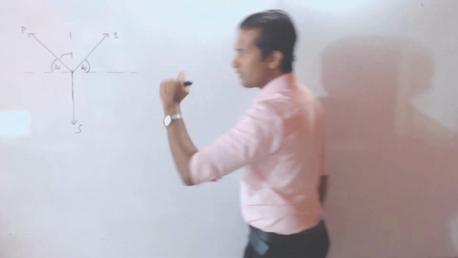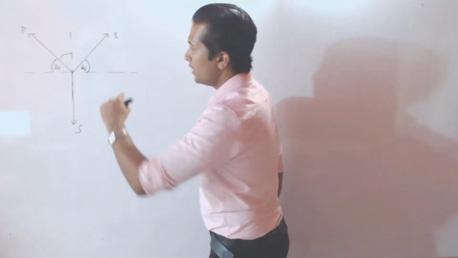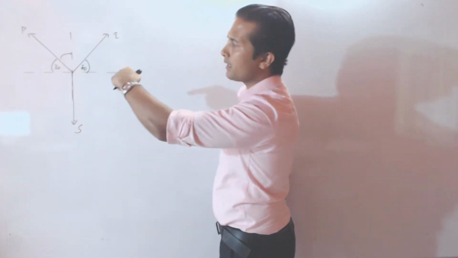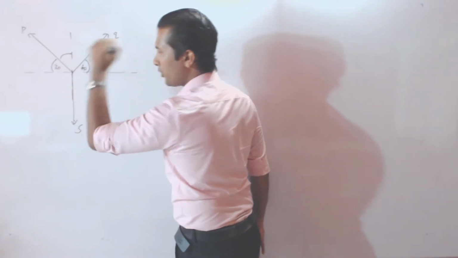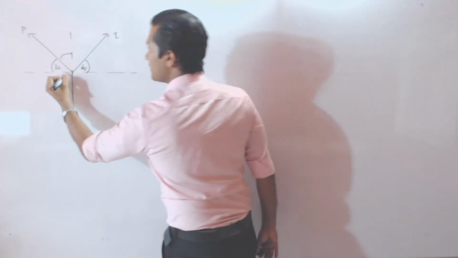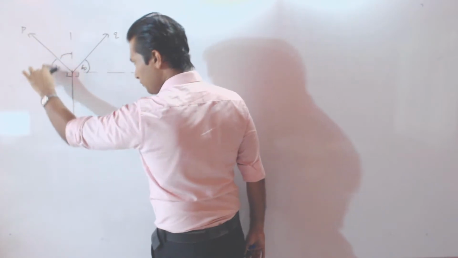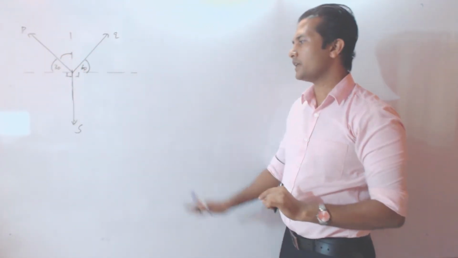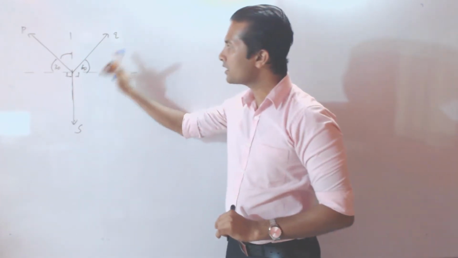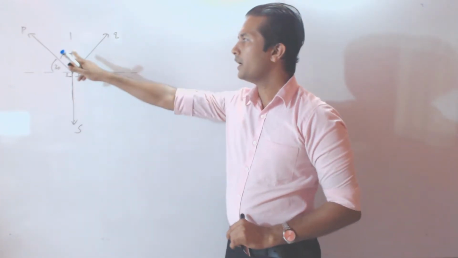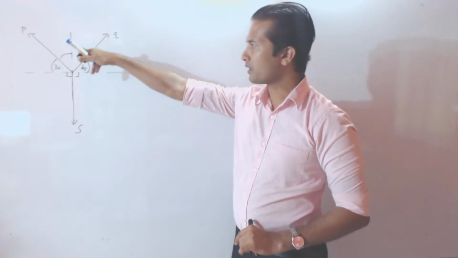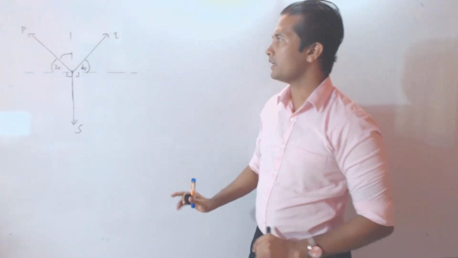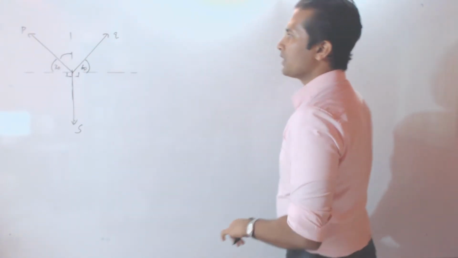When applying Lami's theorem, each and every angle around this point should be known. This is 90, this is 90, which means the angle between P and S is 120. Angle between S and Q is 150 and the remaining angle is 90, that is the angle in between P and Q.